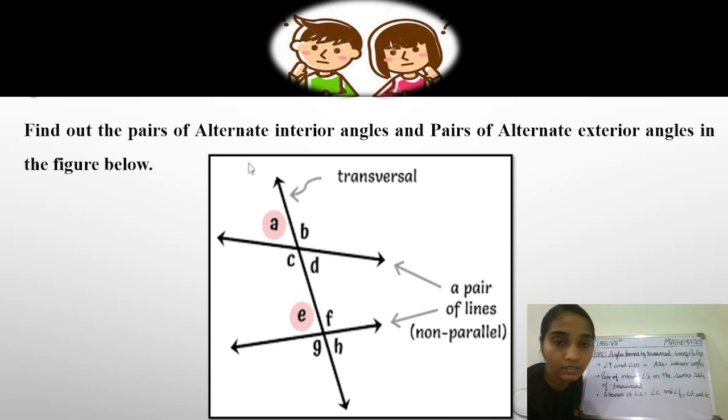And if I ask the pair of alternate exterior angles, yes, that will be what? Angle A and angle H. They are exterior to it and alternate also. And angle B and G.